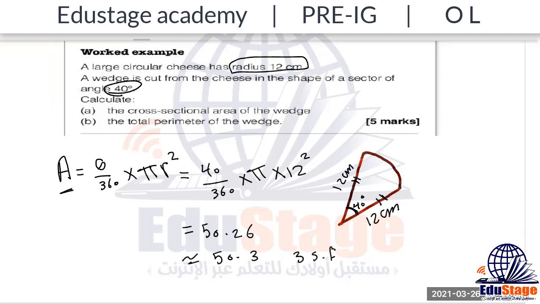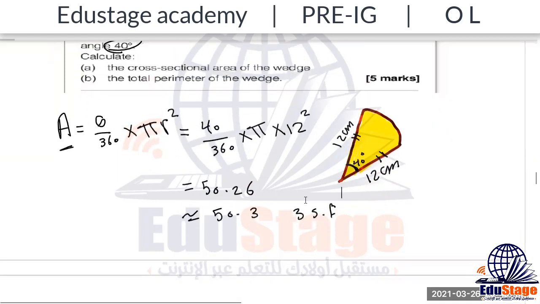That is the area of the section here, the area of this yellow part, 50.3 to 3 significant figures. Guys, you got it?